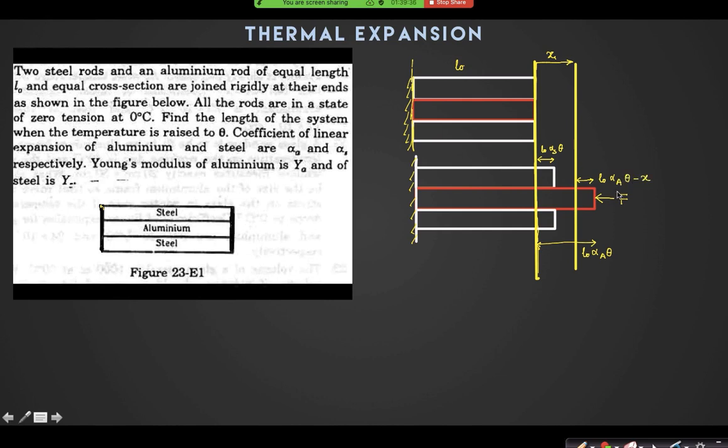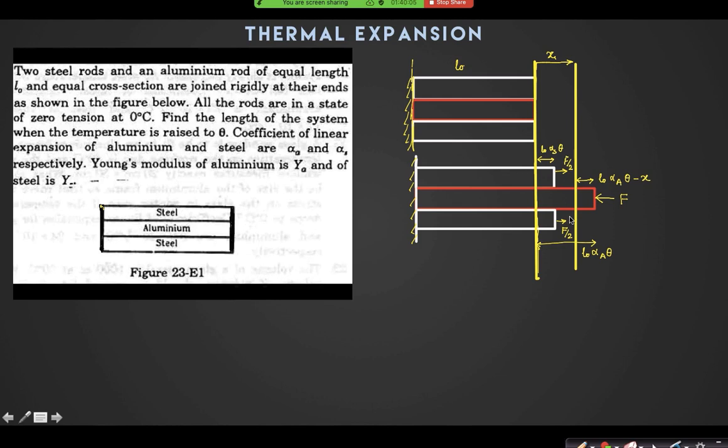And can I say the same force will be applicable to the two steel rods? So it will be F by 2 each. Will the forces be forward? Net force should be 0. So if this force is in this direction, then the force on the steel rods will be in the forward direction.